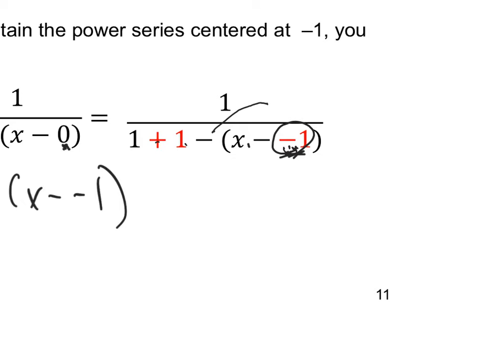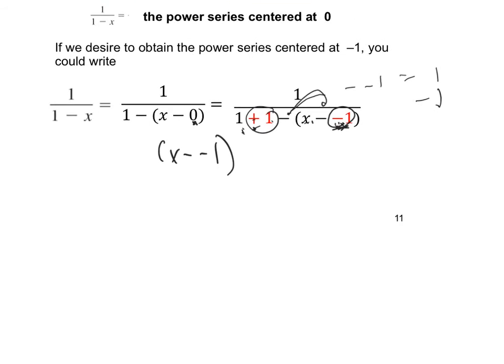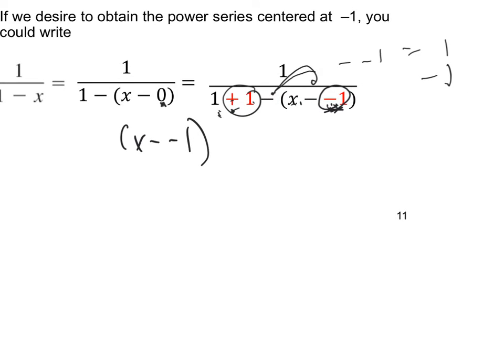Minus -1 is a +1. This negative in front made it really a -1. So now I'm adding 1 outside of the parenthesis to balance that out. Once I balance that out, it looks like this: 1 over 2 minus, I'm going to write it as x plus 1 for now.